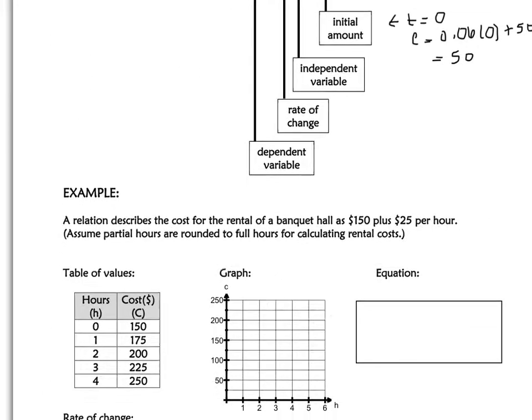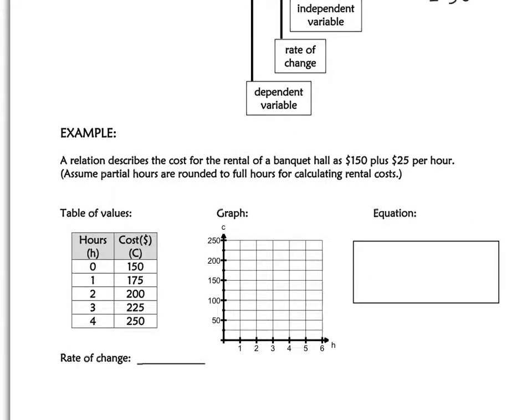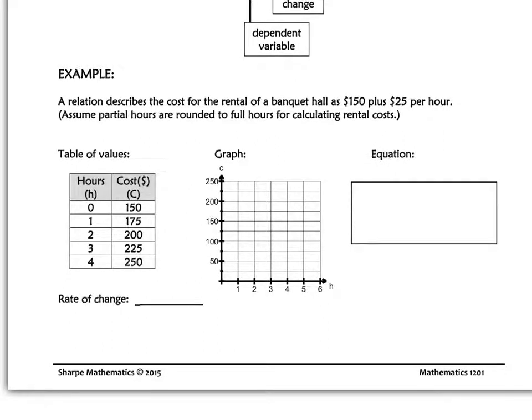So if we look at an example now of a relation described in words, the relation describes the cost for the rental of a banquet hall as $150 plus $25 per hour. And we're assuming that partial hours are rounded to full hours for calculating rental costs.